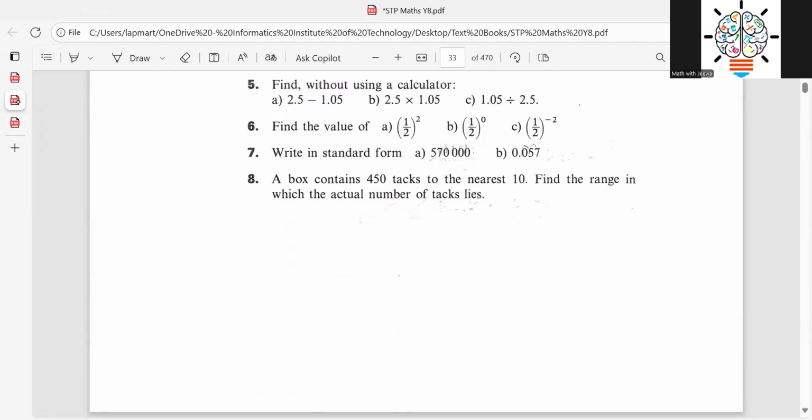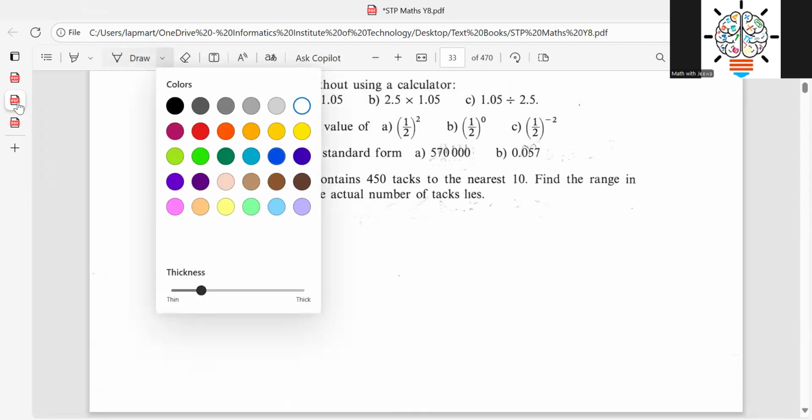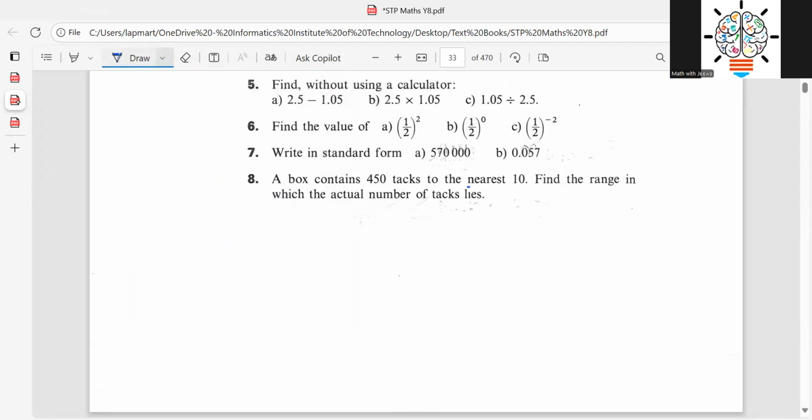So then question number 8, I think it's better to go to this one. A box contains 450 tacks to the nearest 10. If they are talking about the nearest 10, children, what should I do? I mark this one. And I told you that if it is the nearest 10, I take it and divide by 2. So then it is 5. And after correcting it to the nearest 10, the answer is 450.